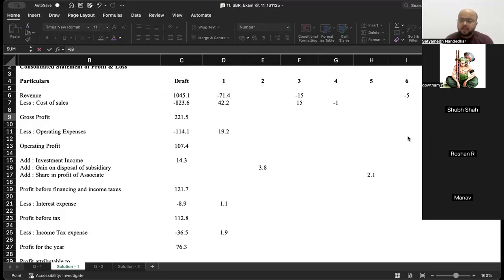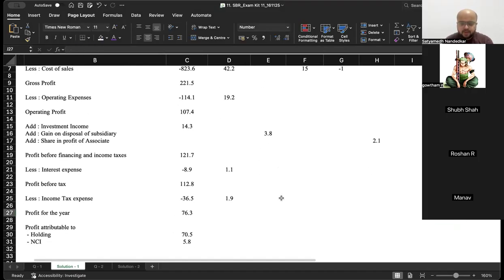ठीक है. GP 186.3, 94.9, ठीक है. फिर 103.8, then 34.6, बचा कितना? 69.2.